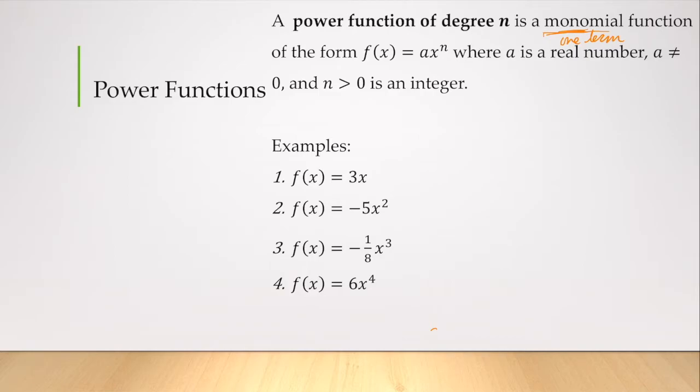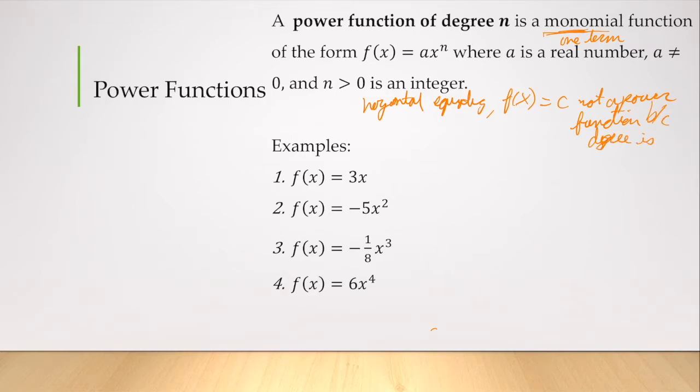So linear horizontal functions, for example, like f of x equals some constant, are not power functions because their degree is 0. But here are some examples of power functions.